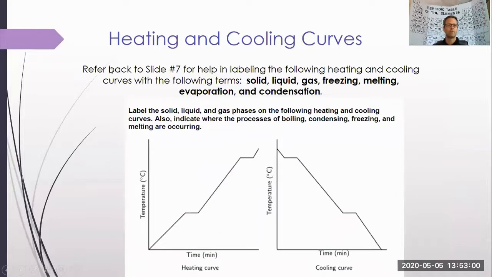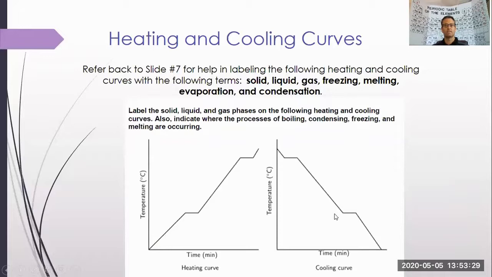And then again, refer back to slide 7 and what I was talking about there for labeling all of these: solid, liquid, gas, freezing, melting, evaporation, and condensation. Basically, they're just going to be the opposite of one another. So if we label this graph here, it's solid, liquid, gas on those diagonal lines. And then freezing and melting occur along this line right here. So this would be melting on this graph.